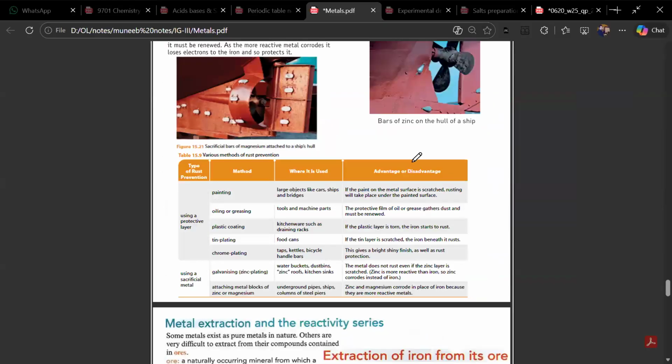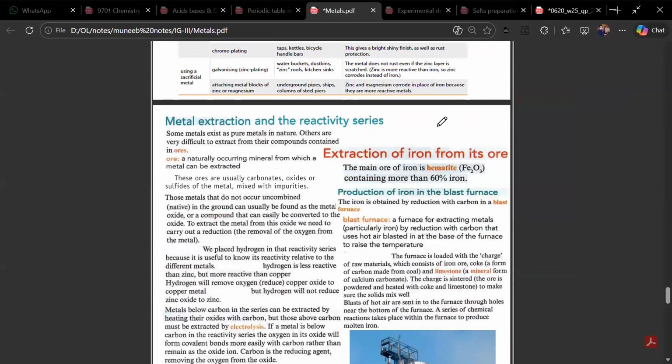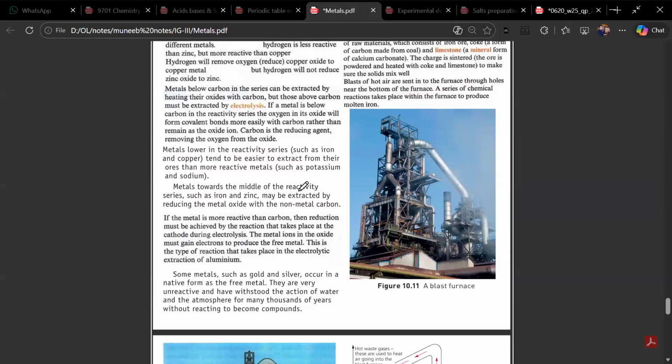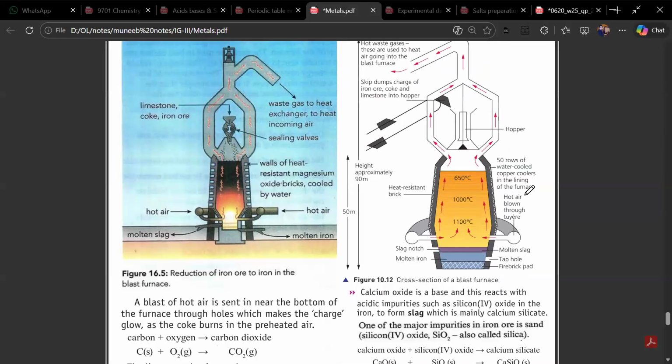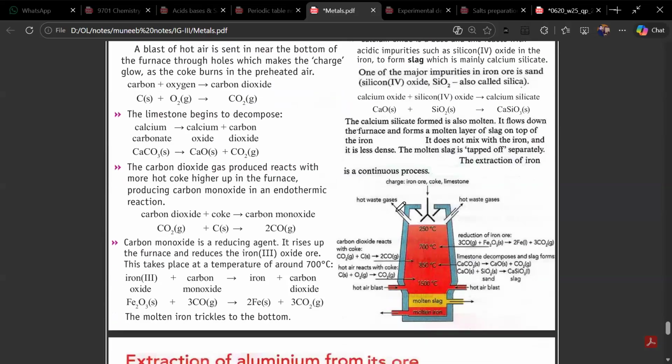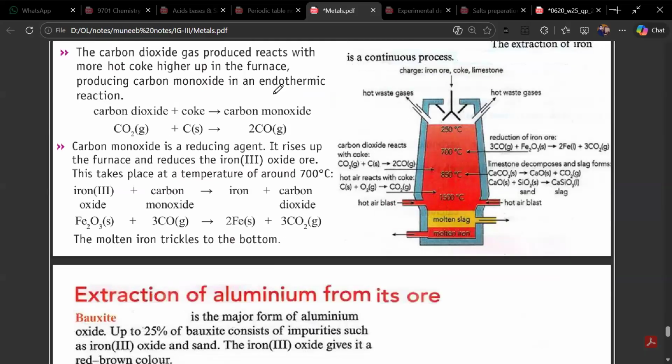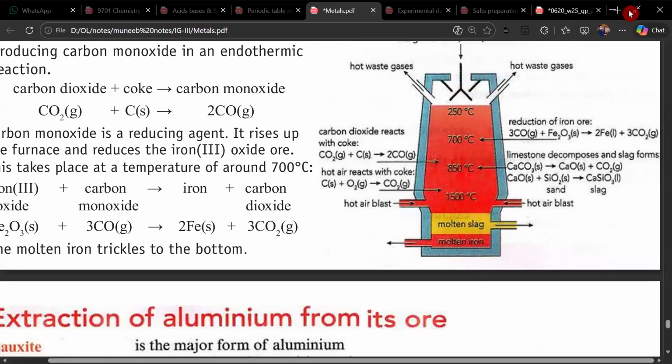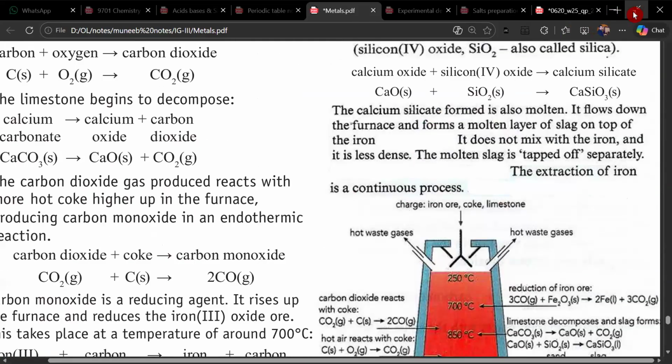Okay, so extraction of iron from its iron ore, and here are the temperature ranges. There were 3 different diagrams, but we have to use the particular diagram which is more related.